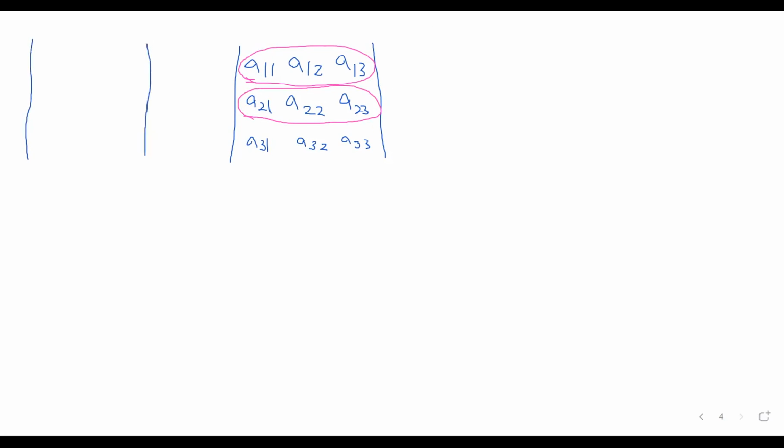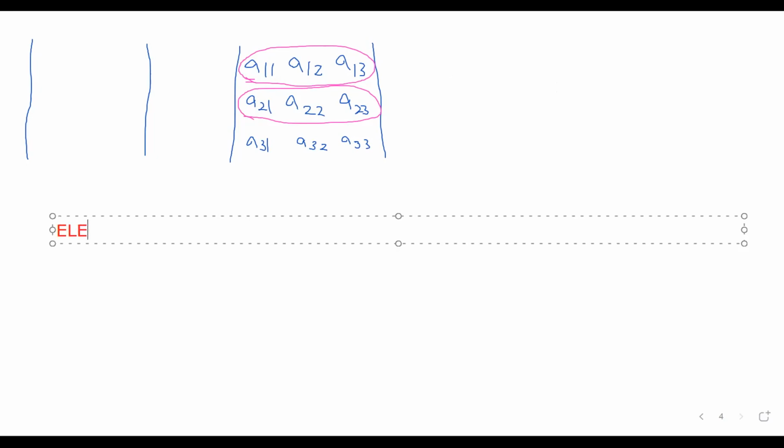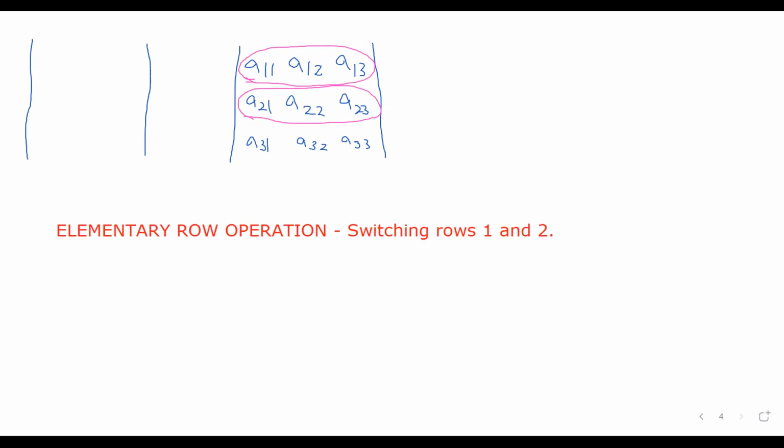And so I'm going to put here in text what I'm doing. The elementary row operation is switching rows 1 and 2. Okay, and so now the matrix on the left is going to be after you switch rows 1 and 2.